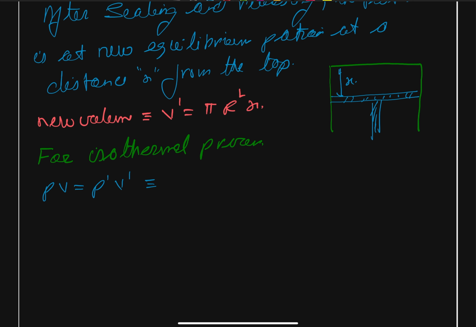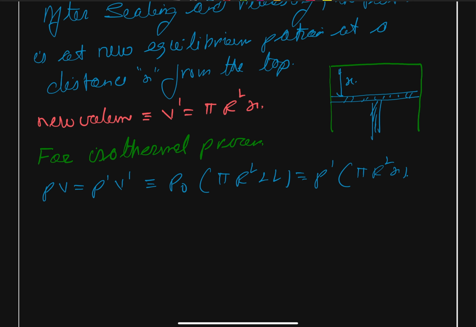Initial pressure was P naught, volume is pi r square 2L, and final pressure is P prime, volume is pi r square times x.